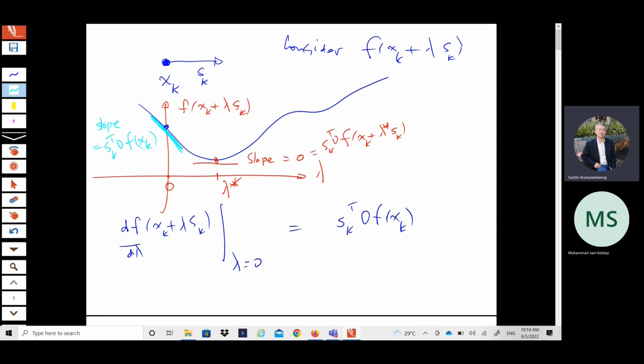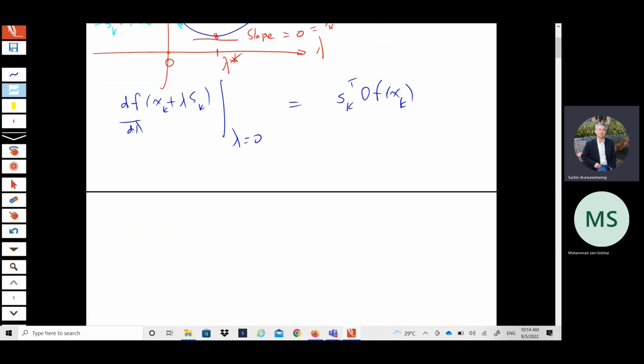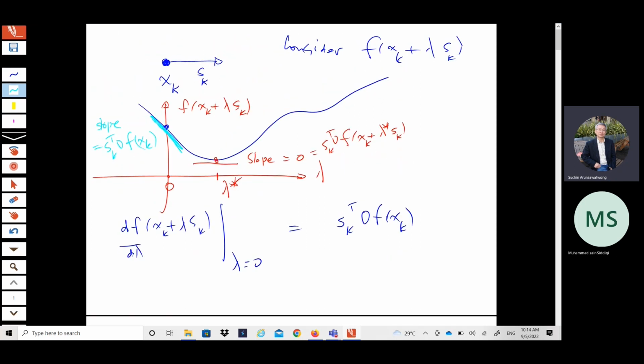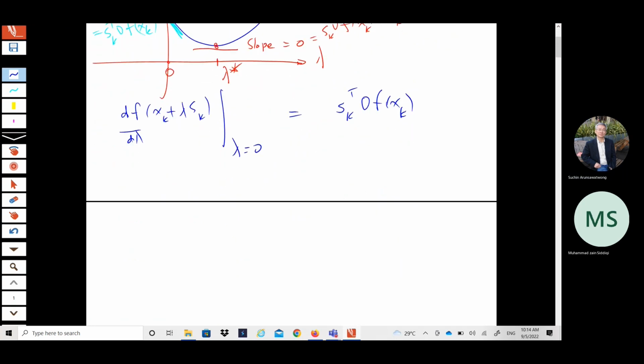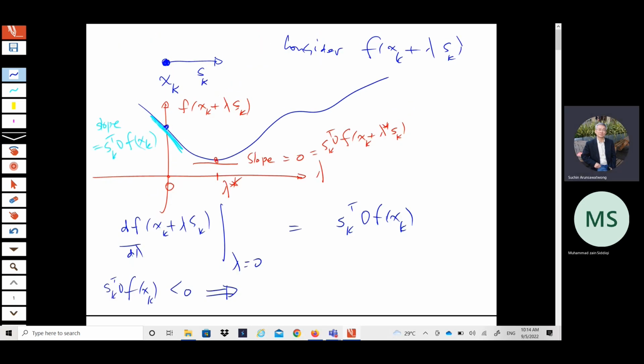Okay, I'll just write it down. So if sk transpose grad f(xk) is negative, it implies that, don't forget that in our course we assume that the function f is continuously differentiable.